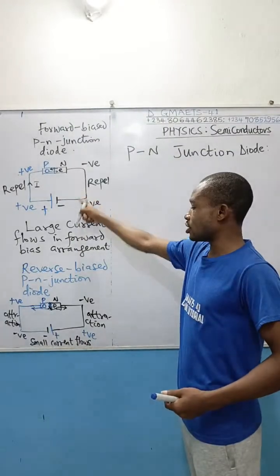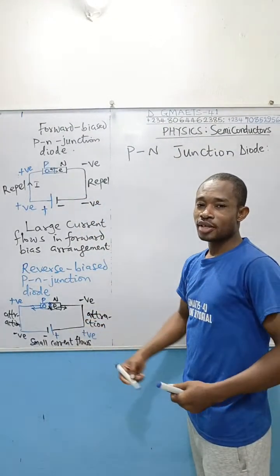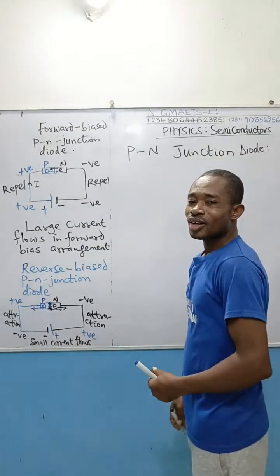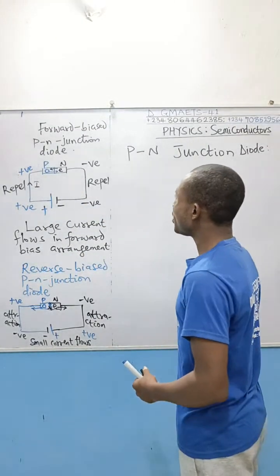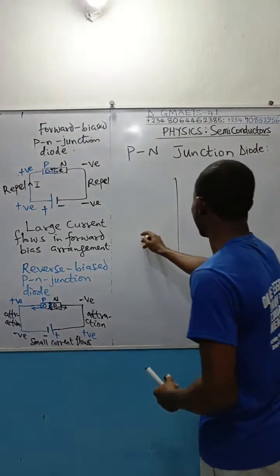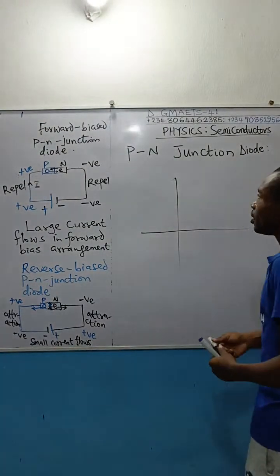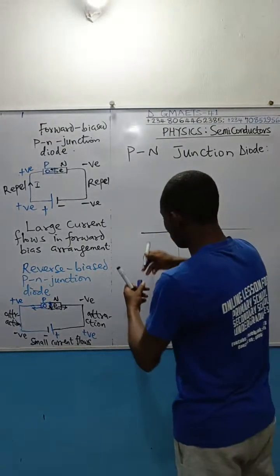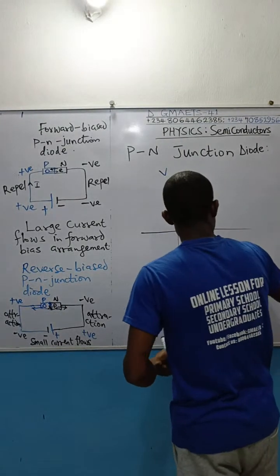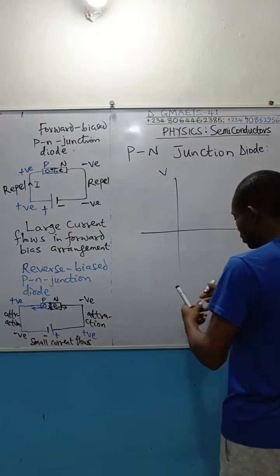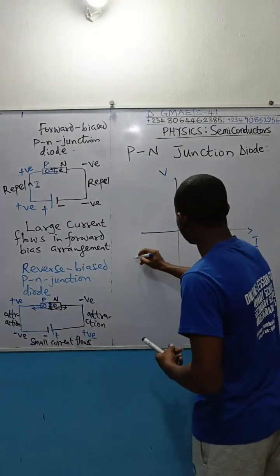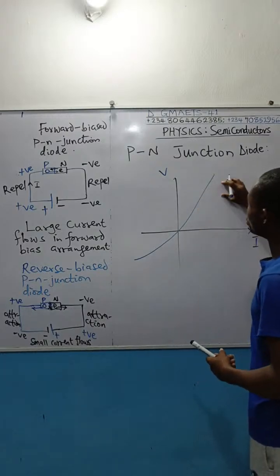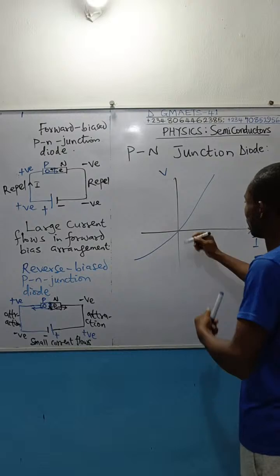Remember, large currents here. This place you have small currents. The graph of this current flow in this PN junction connected in forward and reverse biased. Okay, the graph, if you plot voltage against current, you're going to get a graph that goes this way, something of this kind. So here, this part shows forward bias.